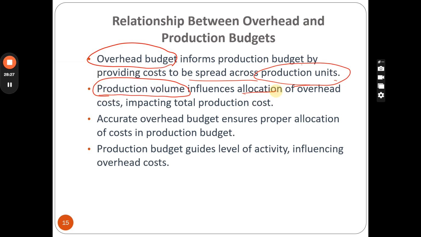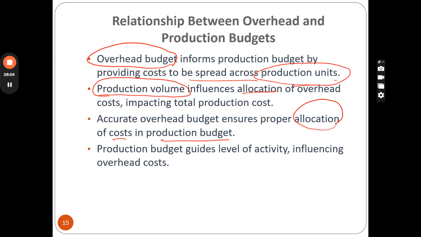influences the allocation. Okay, this is going to be the overhead budget, and now how am I going to allocate the overhead? That is based on how many units you are going to produce, right? So both these budgets are related. So an accurate overhead budget ensures proper allocation of cost in the production budget.